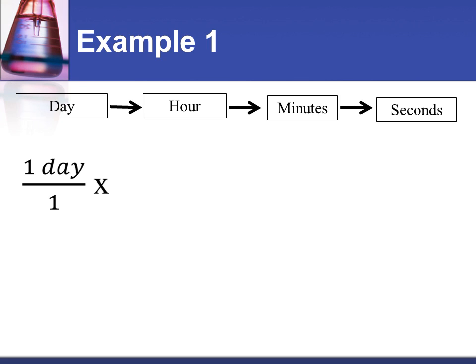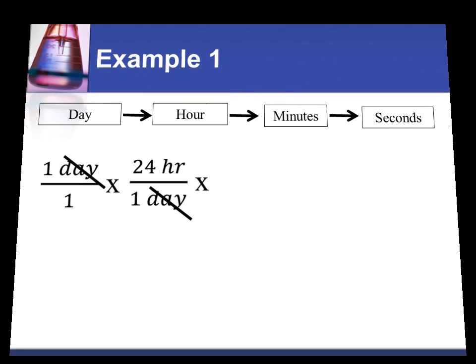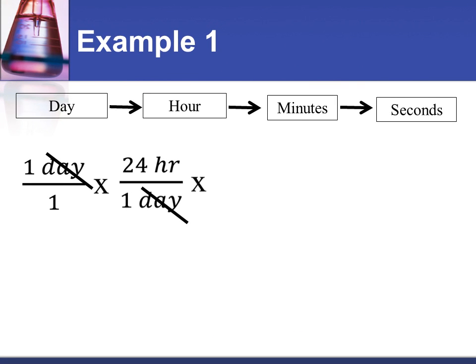The key to dimensional analysis is to get the units to cancel out. And to do this, we need to have 1 day in our denominator of our second fraction so that it will cancel with the numerator in the first fraction. So I must use 24 hours over 1 day. Day cancels with day, and you're left with hour.